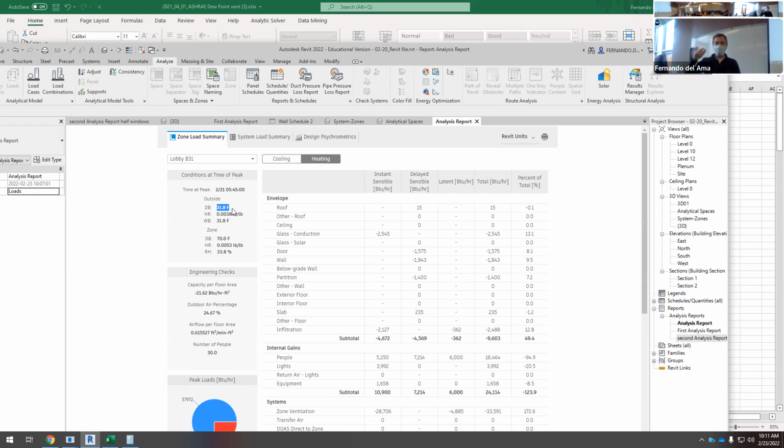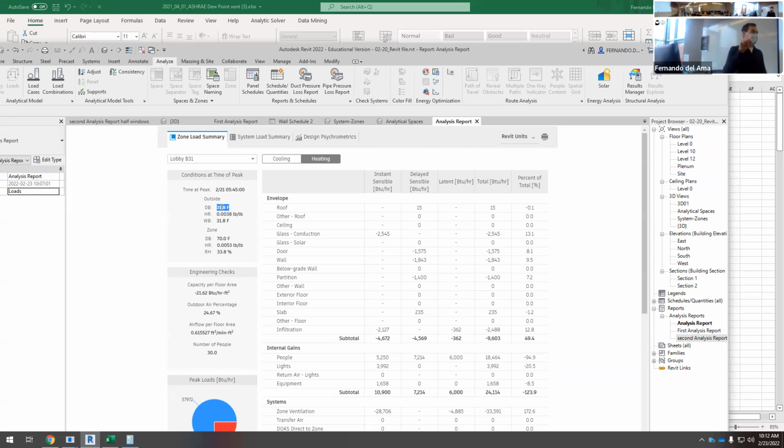Usually the coldest days are sunny. It happens. Well, if we change the conditions of the envelope, probably the worst day is not a sunny day. It's a cloudy day that is slightly warmer.